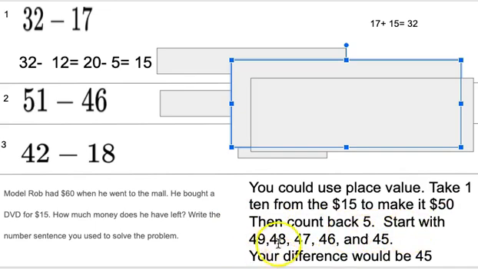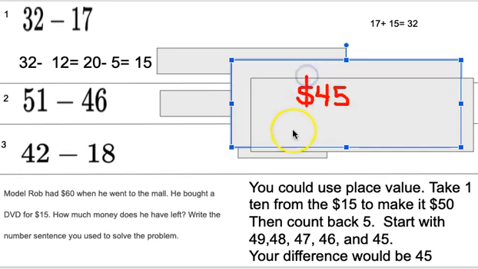So I started with 49, 48, 47, 46, 45 to get my difference. That would be 45. So I have my 45 as my correct answer. And remember, it needs to be labeled because it's $45.